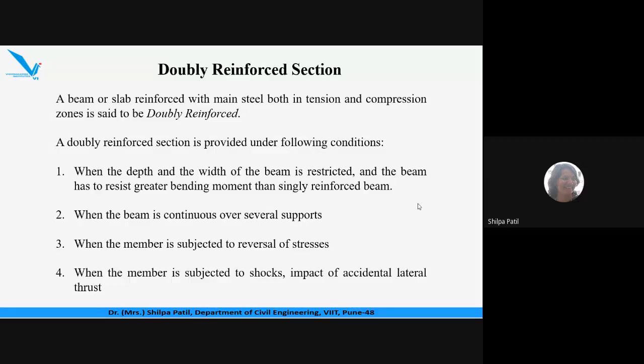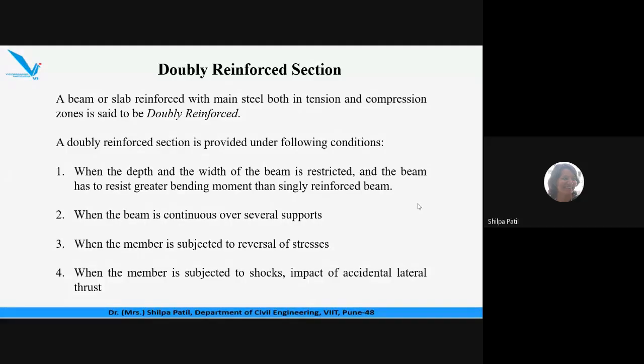But if the same force is acting in vertical upward direction, the beam will deflect in convex fashion. So depending upon the direction of the load, the stresses developed in the sections or in the members also change. If your wind load is acting vertically downward, the beam will deflect in a downward direction. If a force is acting vertically upward, the beam will deflect in a vertical upward direction. This is called reversal of stresses.